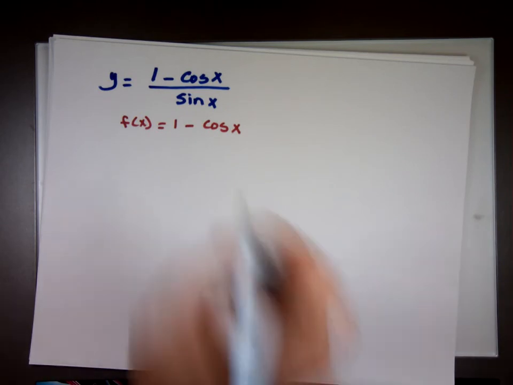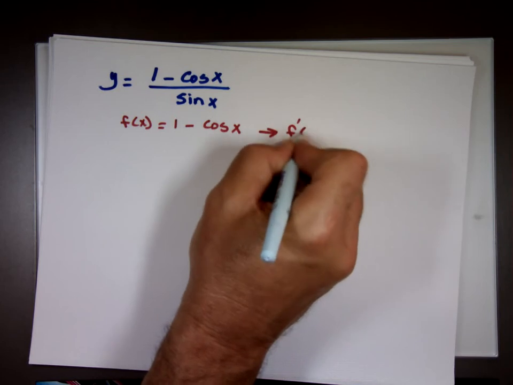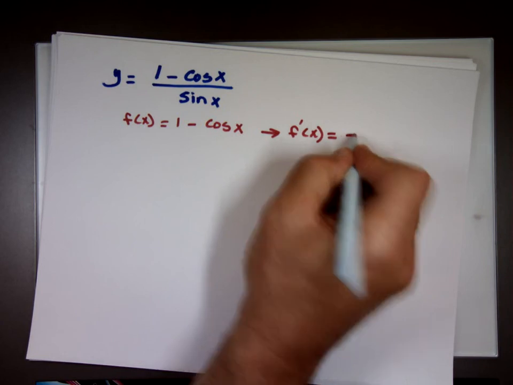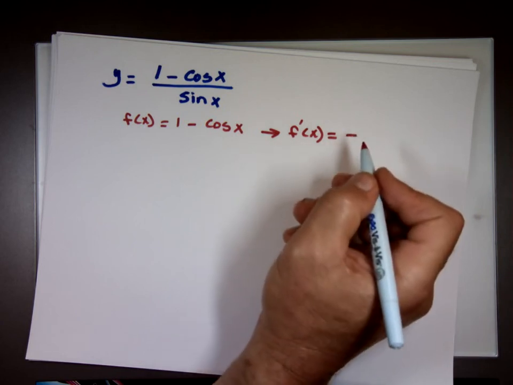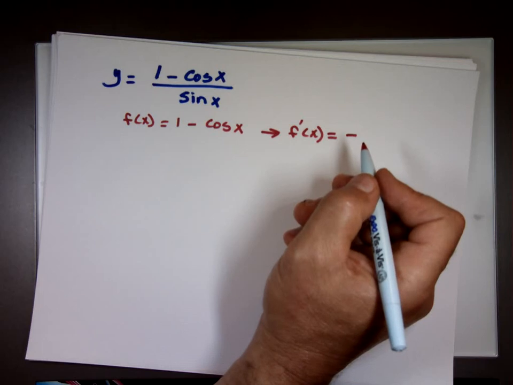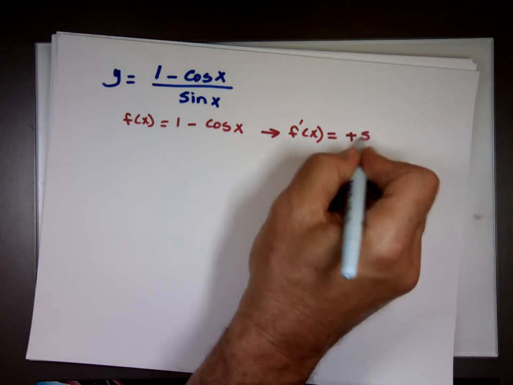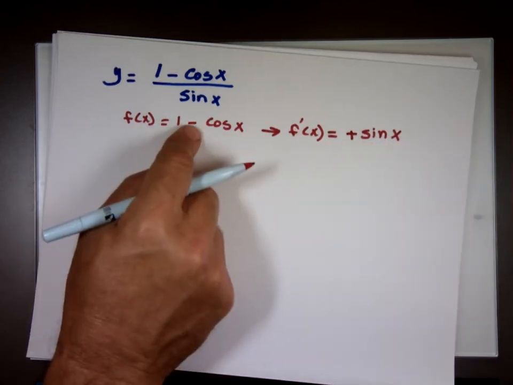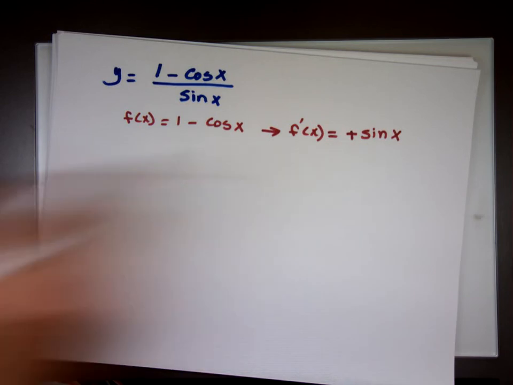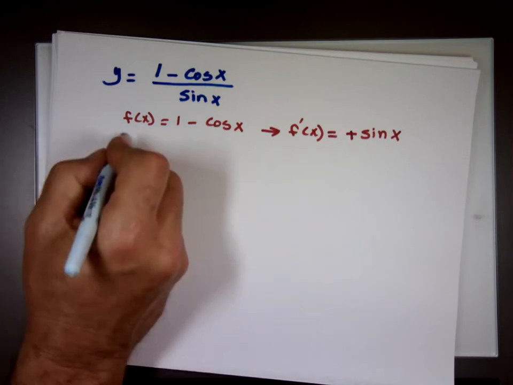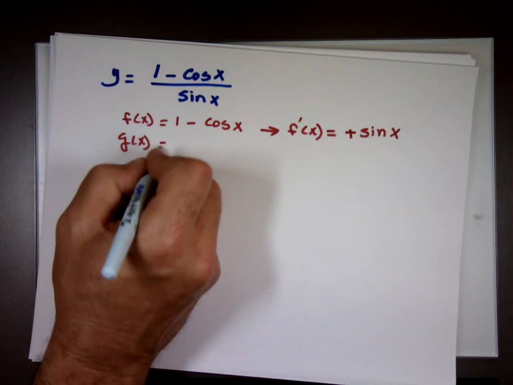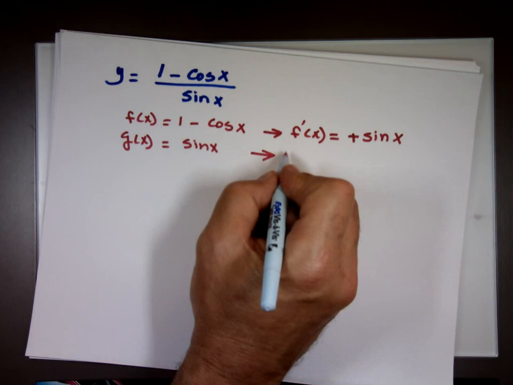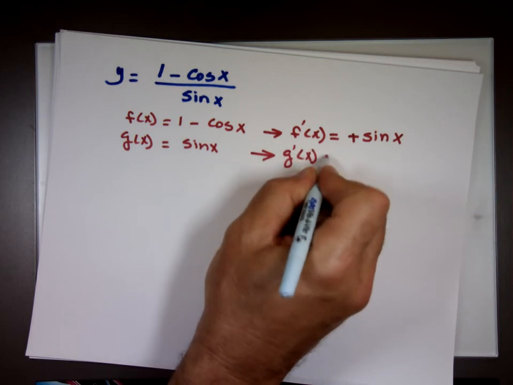The derivative of that, the derivative of 1 is what? 0 minus, what's the derivative of cosine? So that makes it a plus sine of x, right? Because minus and minus will make it a plus. G sub x is what? Sine of x. And what's the derivative of that? Cosine of x, yep.